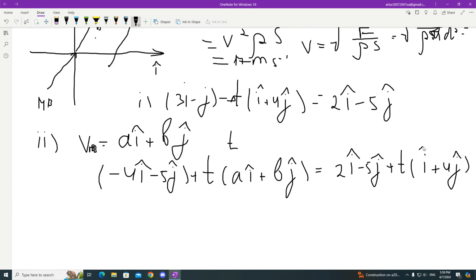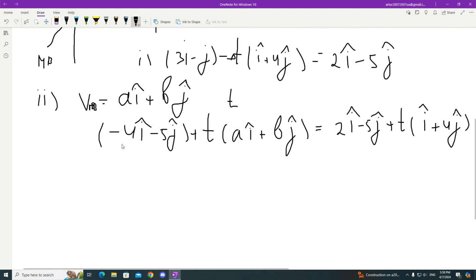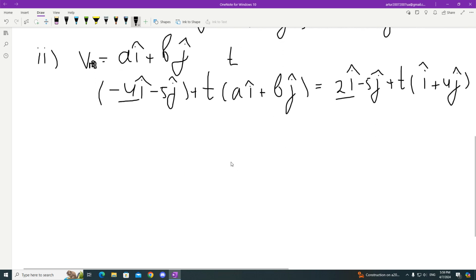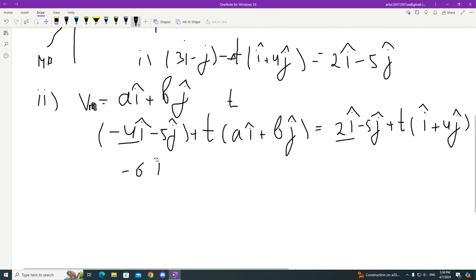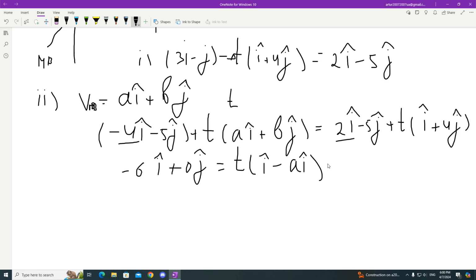So let's move all expressions with t to the right part and without t to the left part. So let's subtract. Minus 4i minus 2i is equal to minus 6i, minus 5j plus 5j is equal to 0j. Always leave the 0 because it will be needed later. It's equal to t i minus ai plus t 4j minus bj.